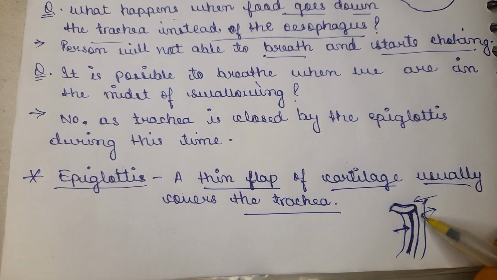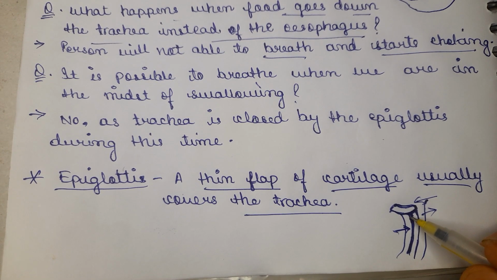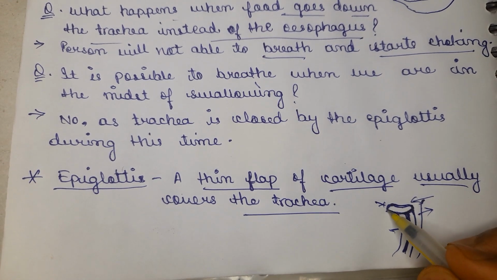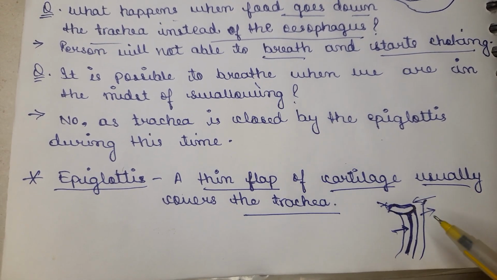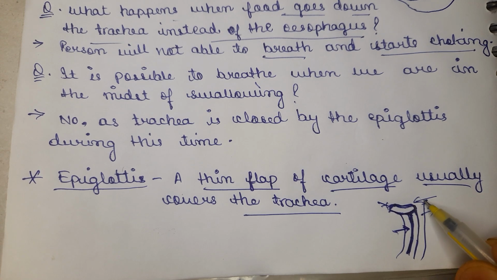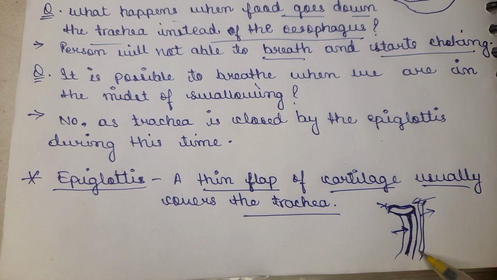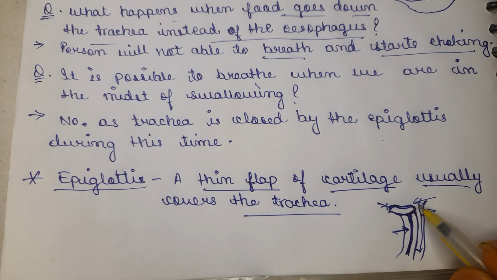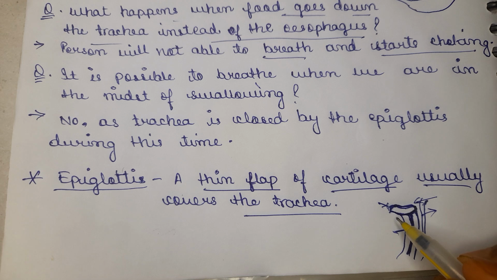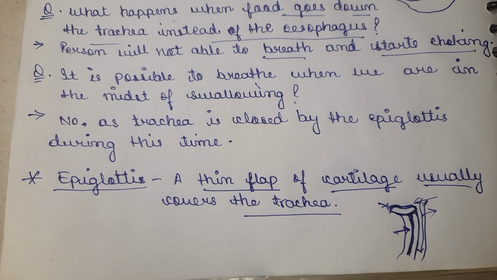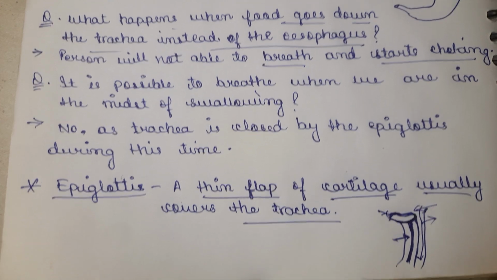Now whenever the food passes, the trachea, that is the windpipe, gets closed with the help of the epiglottis. So this is the epiglottis, a thin flap-like structure that gets closed, and the food gets passed through the esophagus into the stomach. And when the swallowing process is not going on, then the epiglottis will uncover the trachea, that is the windpipe. So this is how the epiglottis works.